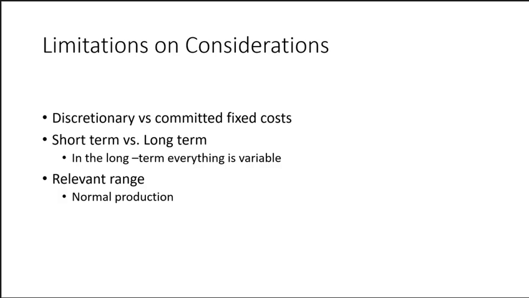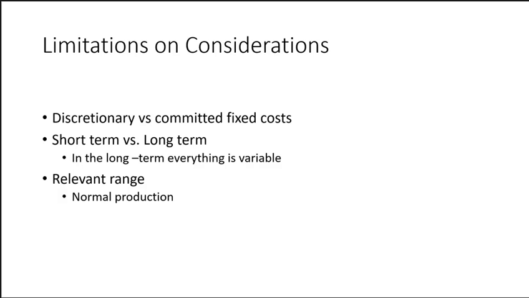And then the other concept that you need to keep in the back of your mind, that we'll wrap up this podcast with, is the concept of relevant range. When a company is operating in its normal production, it generally makes a pretty standard amount of its product.